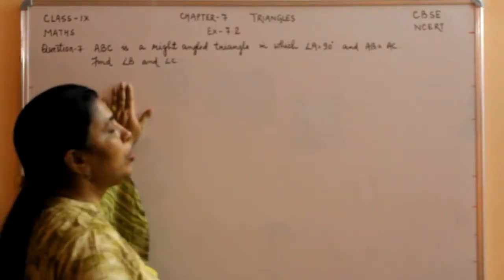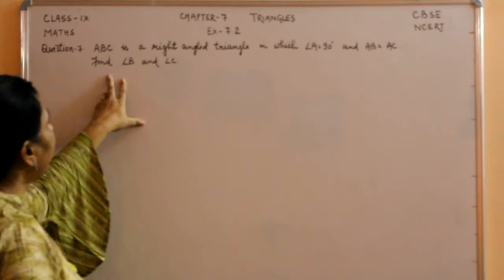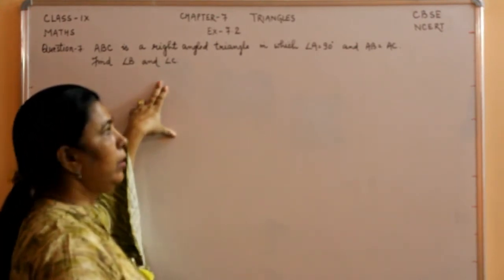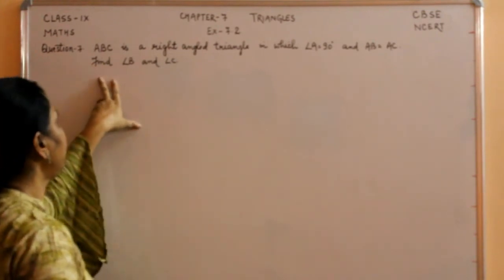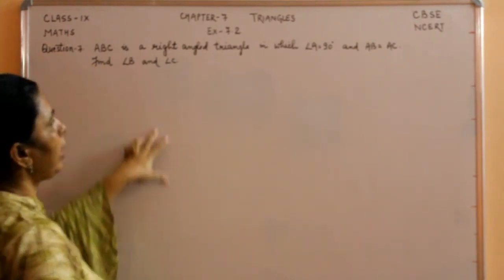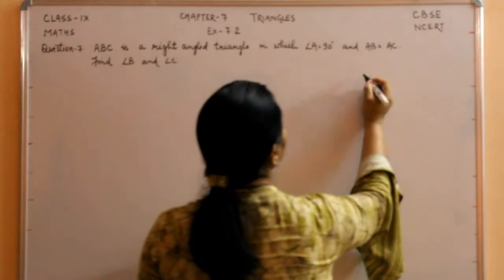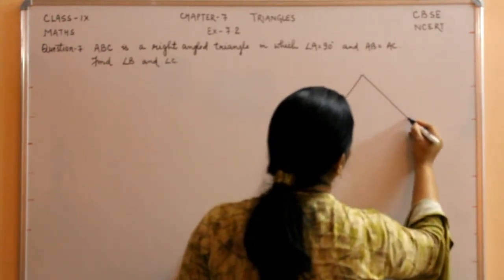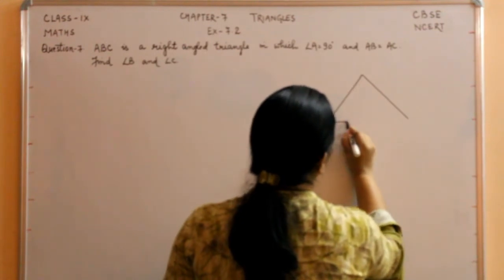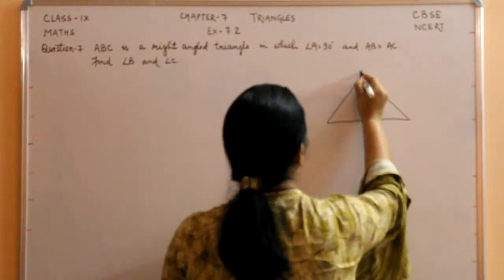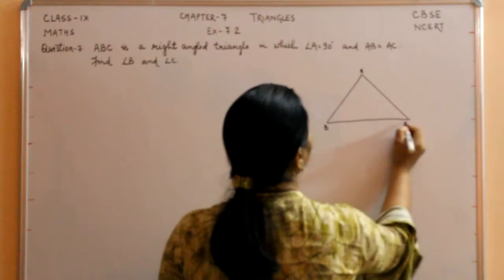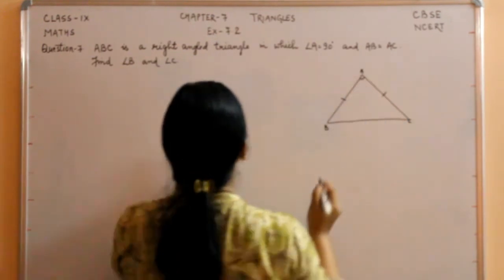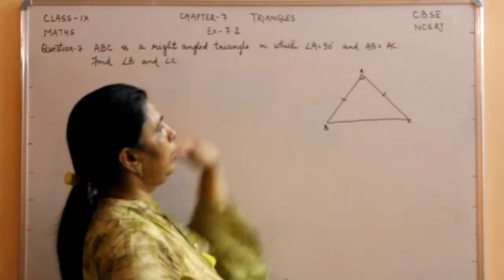Now students, coming to question number 7. ABC is a right angle triangle in which angle A is equal to 90 degree and AB is equal to AC. We have to find angle B and angle C. So first of all we will draw this. Triangle ABC in which AB is equal to AC and angle A is 90 degree.